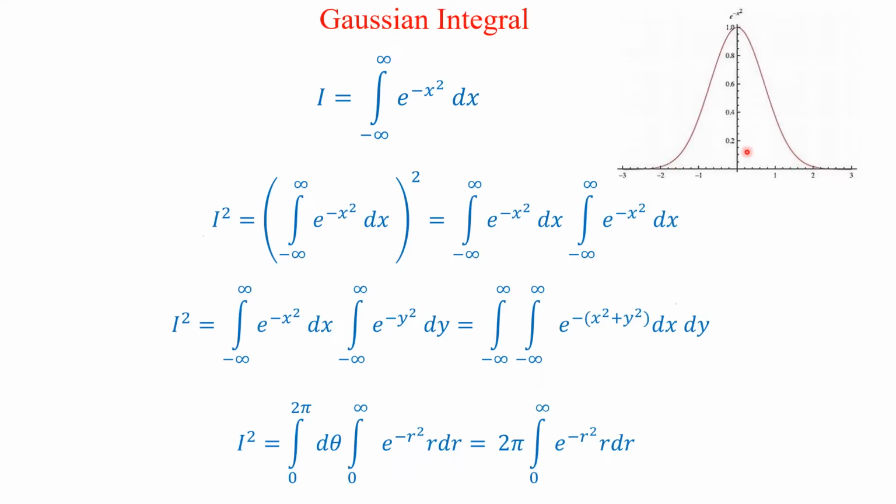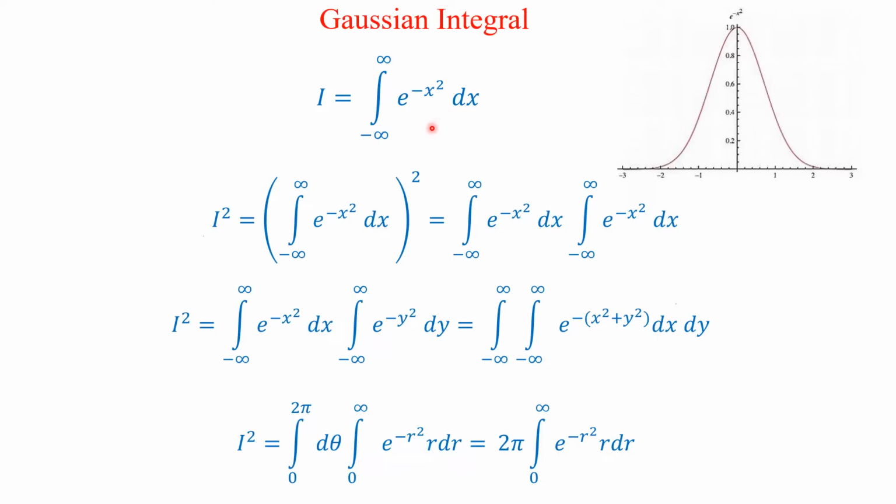The integral is the area under the curve. You have equal area in the positive x-axis and equal area in the negative x-axis. Gaussian function is an even function.